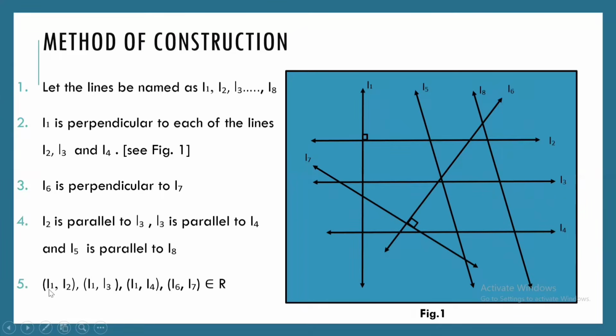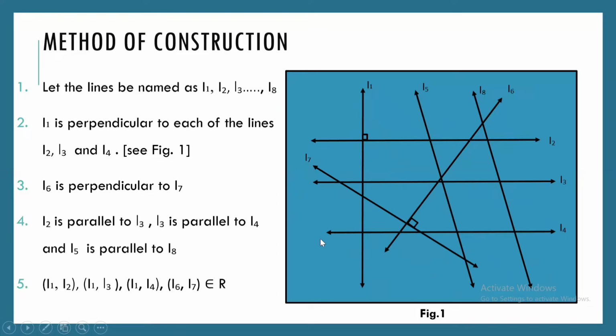So can I say that (L1, L2)? What was the relation? The relation was perpendicular to. Is L1 perpendicular to L2? Yes. So that means (L1, L2) is an element of R. What about L1 and L3? Are they perpendicular to each other? Yes, they are also perpendicular to each other. So I can say that (L1, L3) belongs to R. What about L1 and L4?